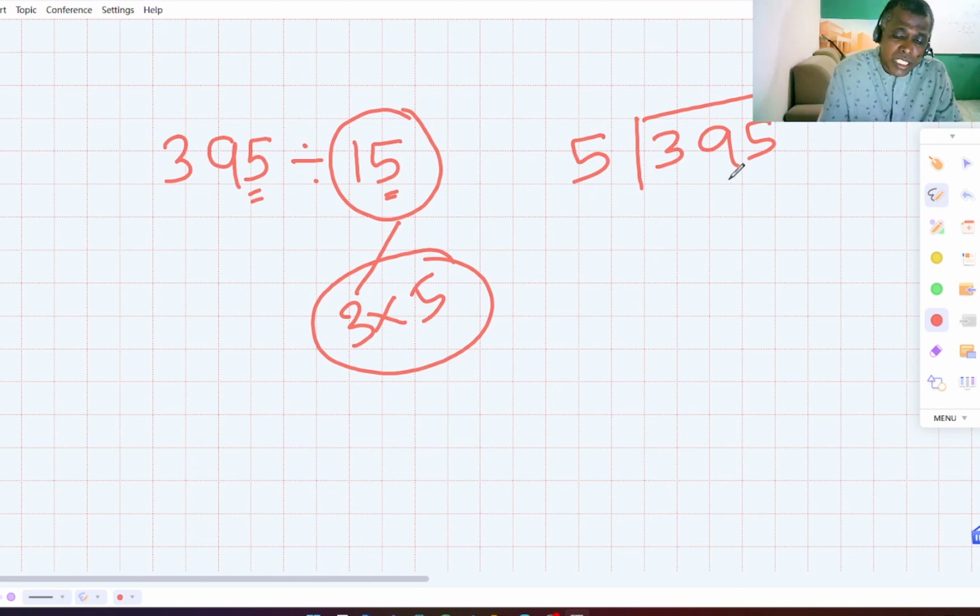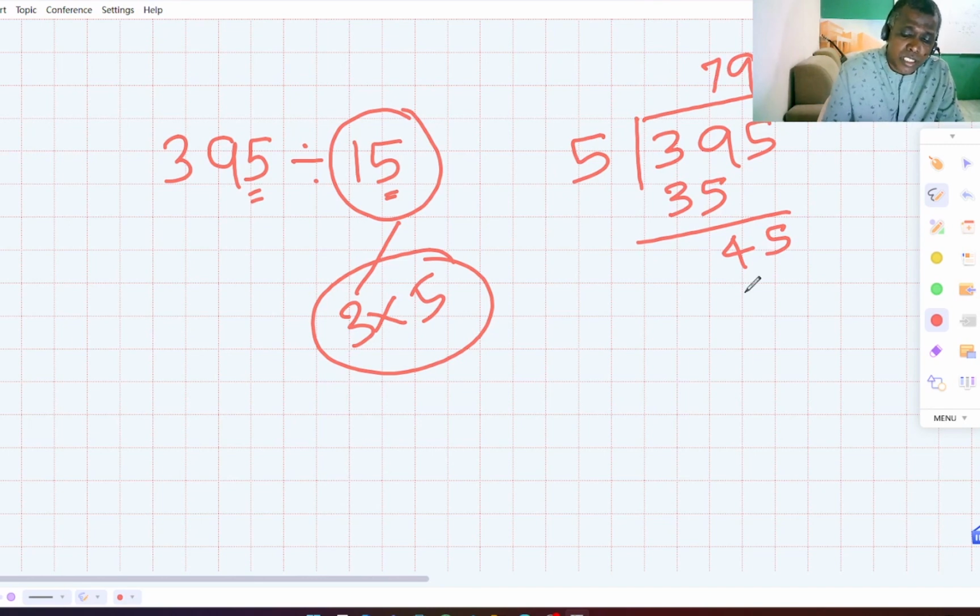What's that one? 39 divided by 5 is 7. 7 times 5 is 35. You are getting 4. 45 divided by 5 is 9. Here you are getting 45, and you are getting 0.